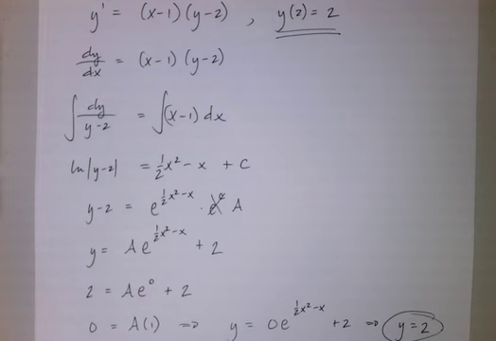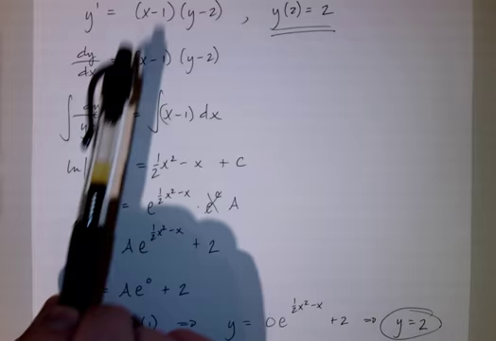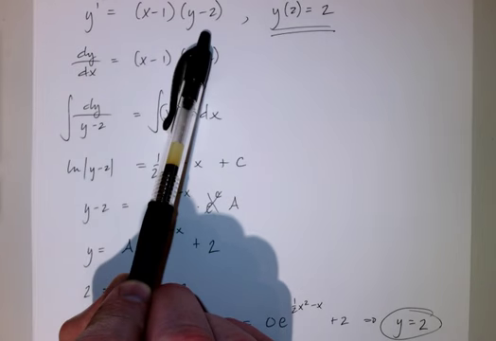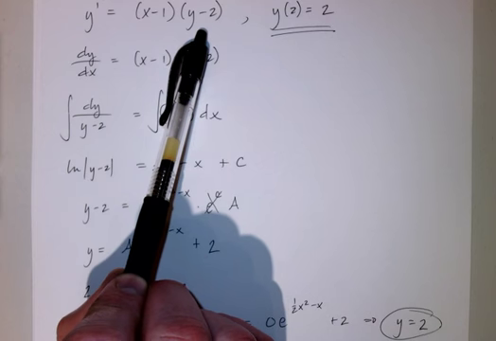Now, does that make sense? Well, that is a constant function, which means it has a slope of 0. What happens when you plug 2 into the original differential equation? That factor becomes 0. So it actually does make sense.